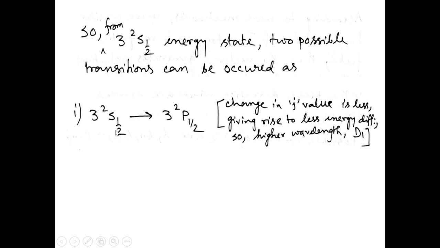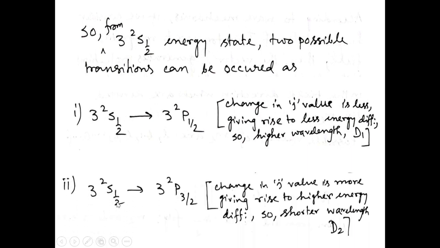Here another possible transition takes place. Check the change in J value, 3 by 2 minus half, that is 1. As the change in the J value is shorter, there is less energy difference, so higher wavelength, D1. Here the gap of the J values is more, so lesser wavelength or shorter wavelength, D2.